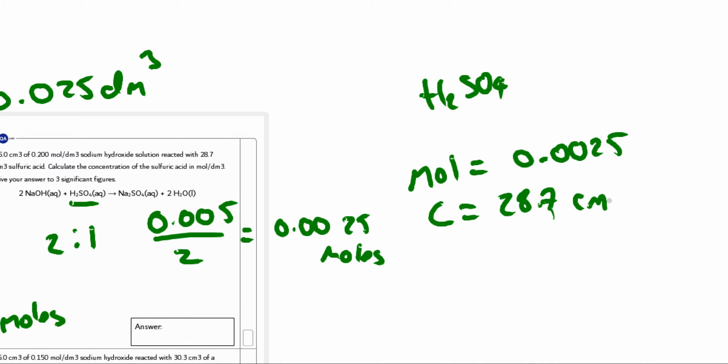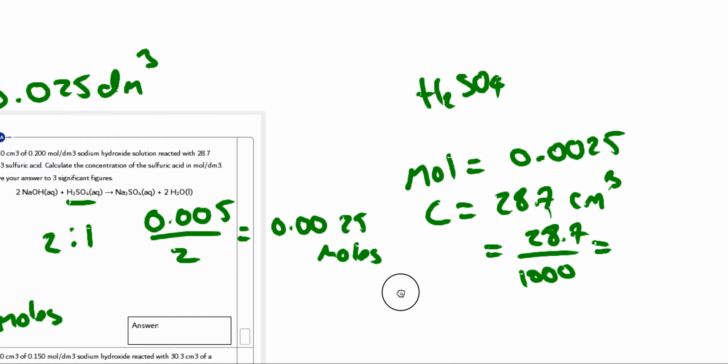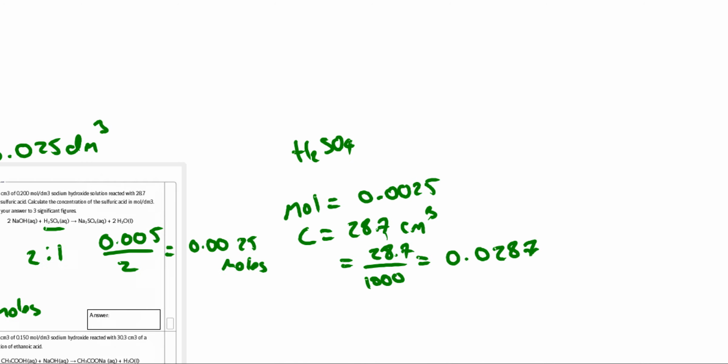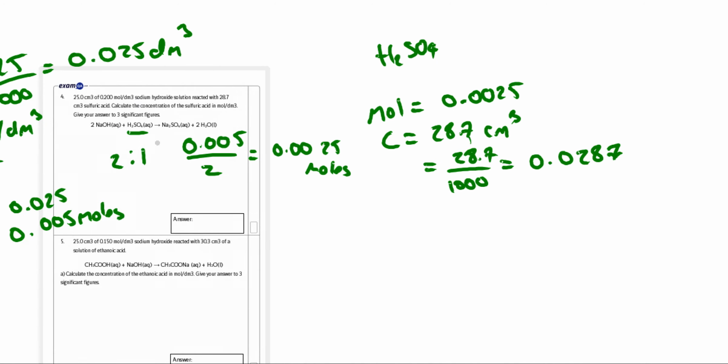28.7 centimeters cubed, which is actually equal to 28.7 divided by 1,000, because we're going to convert this to decimeters cubed, so it's equal to 0.0287. From here, we just plug in our numbers. So here's a small mistake.